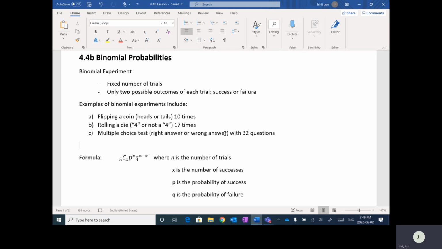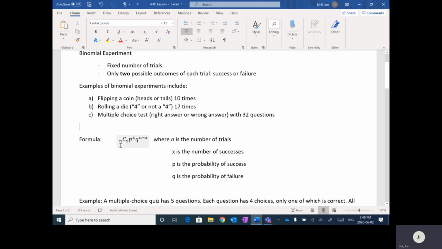So a question could be: you have a test with 32 questions, what's the probability of getting exactly 20 right? You can actually calculate that probability if you were to guess on each of those questions.